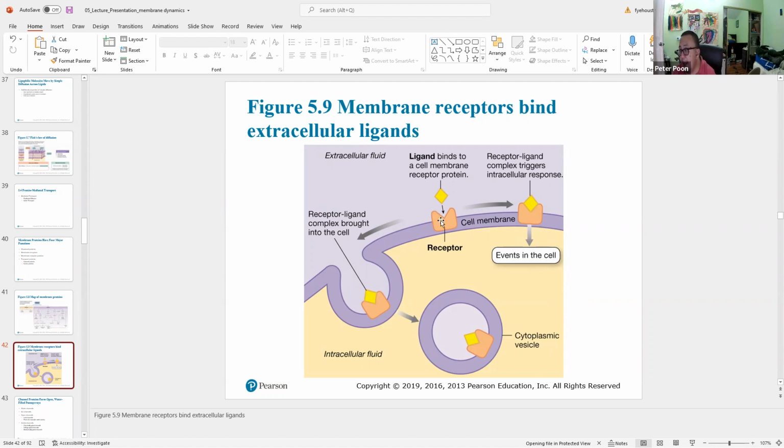The more likely thing is that the receptor will undergo endocytosis and get folded into the cytoplasmic vesicle here, and then the ligand is released and triggers something happening inside the cell. We will go through both examples in a little bit, not in this chapter, but in other chapters.